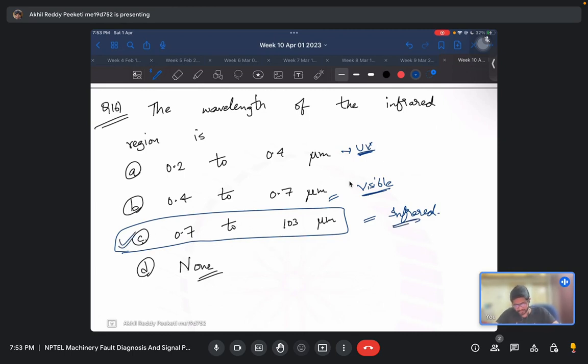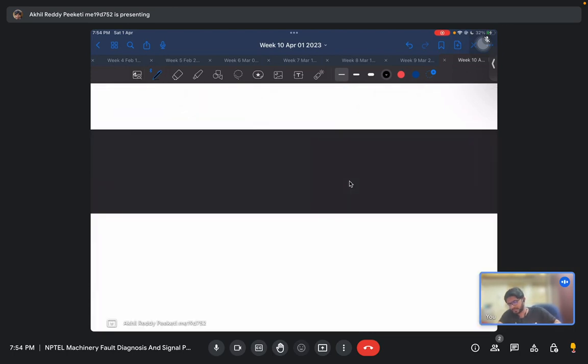So the answer is 0.7 to 103 micrometers, that is the infrared region. Now let's look at the next question.